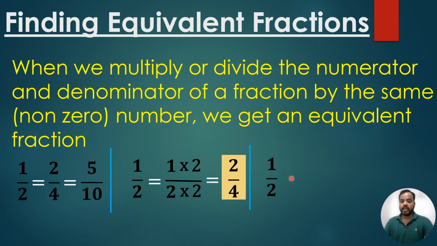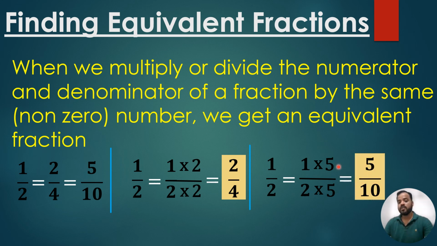Now again, if we multiply the numerator and denominator of 1 by 2 by the same number, instead of 2, when we multiply with 5. Here we multiplied the numerator and denominator by 2. Now here we are multiplying the numerator and the denominator by 5.